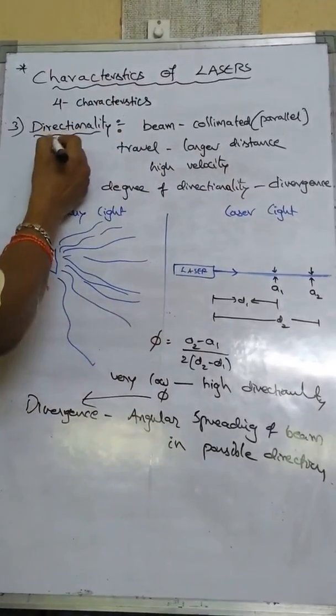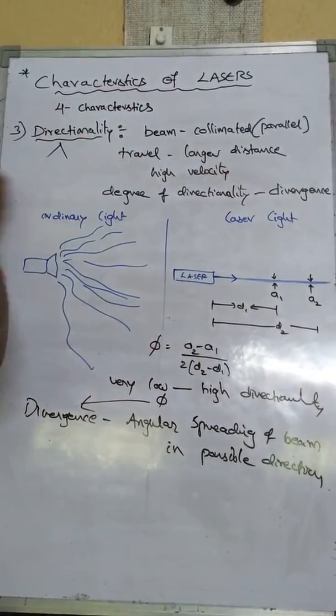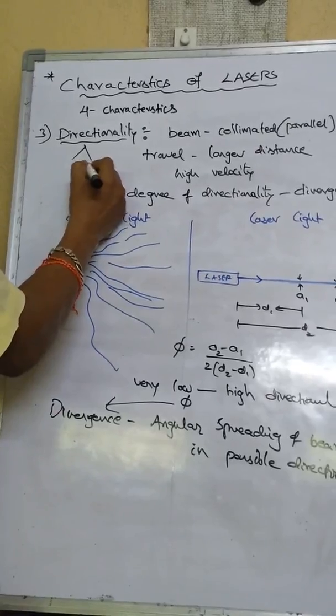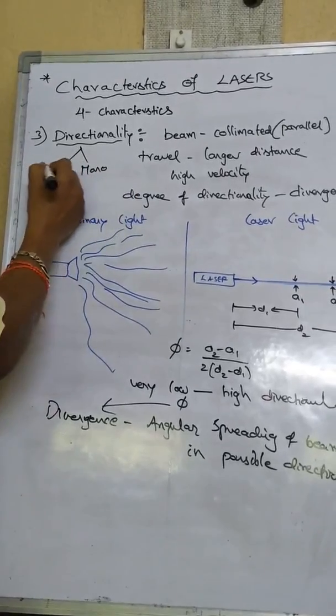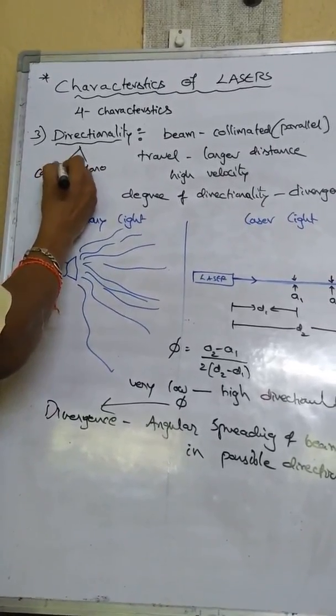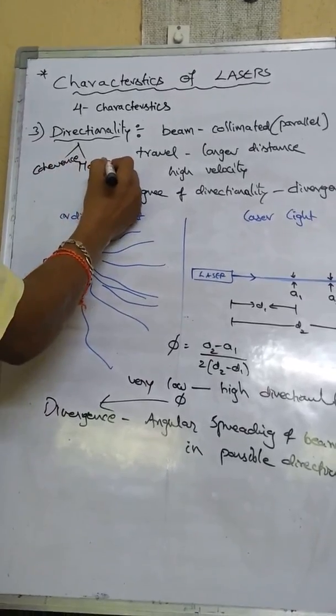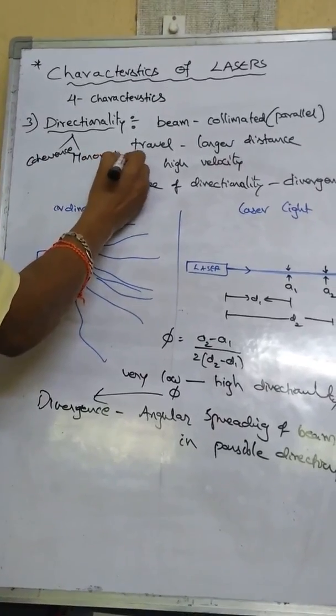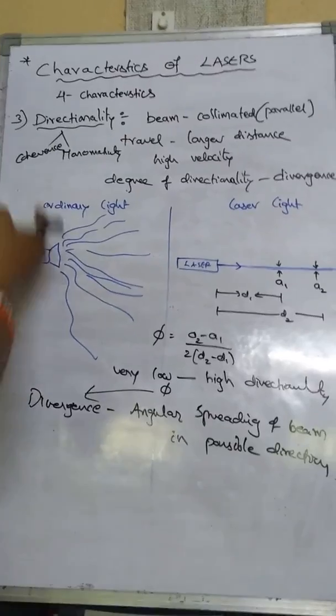Then there may be a question, sir, how is this directionality achieved by the laser light? This directionality is achieved by the previous characteristics, monochromaticity and the first characteristic, coherence.